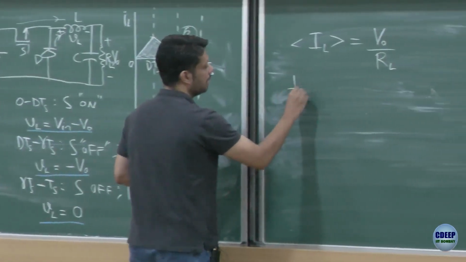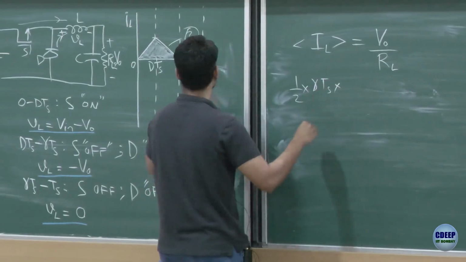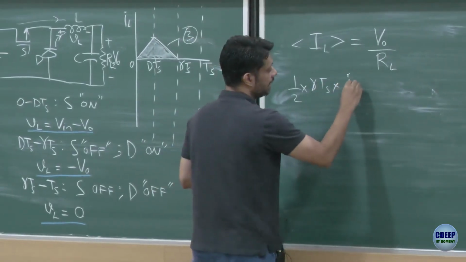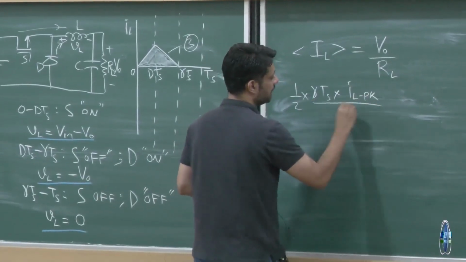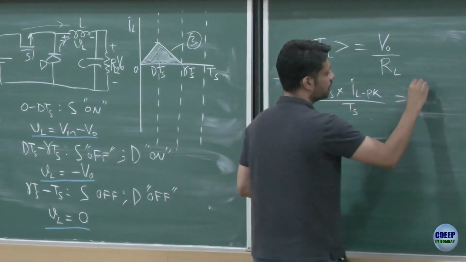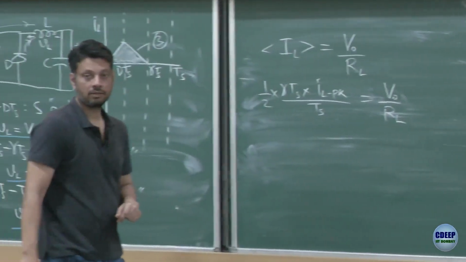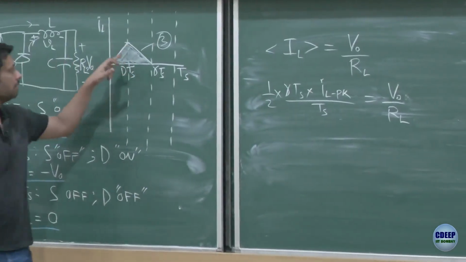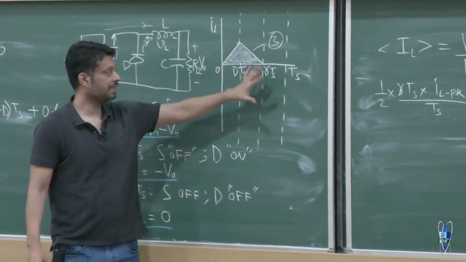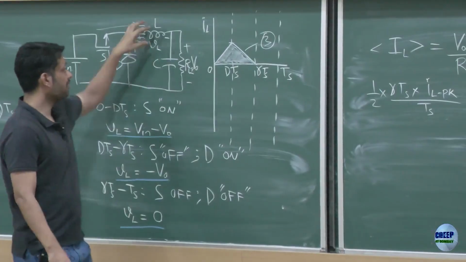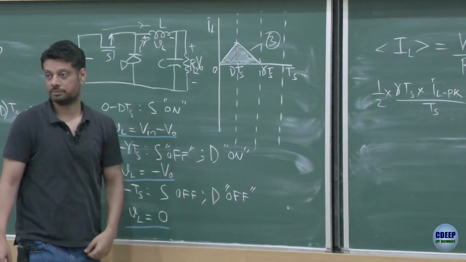Half into base into height, let us say IL peak value, divided by the total period Ts, is equal to V naught by RL. Half into gamma times Ts into I peak divided by Ts is the average current, and this average current must be equal to the average load current, which is V naught by RL.